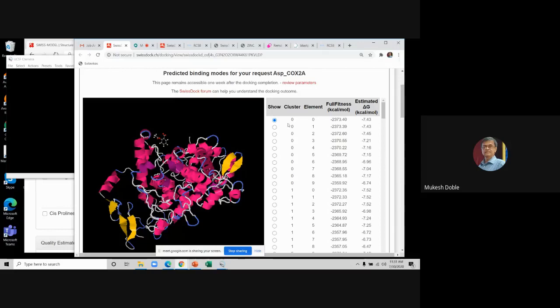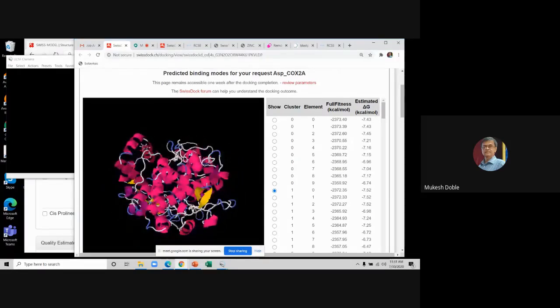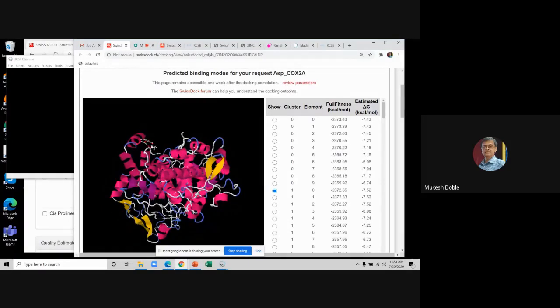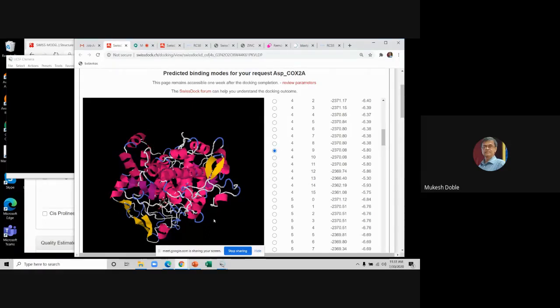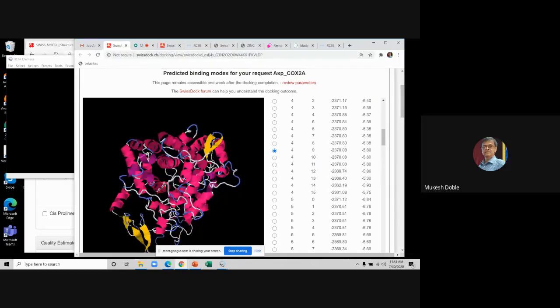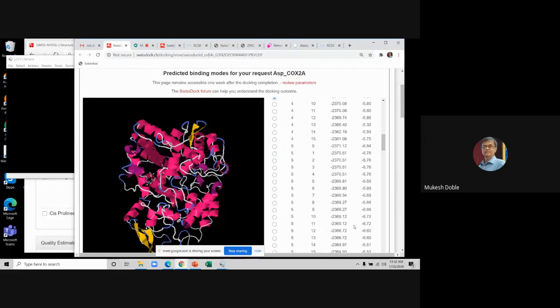Then these are all one group. It has placed it like this, also in a different place, and that gives you minus 7. So it gives you different kilocalories, some very good. You also have minus 5.8, where it is placed here, and the energy value comes out to be minus 5.8.